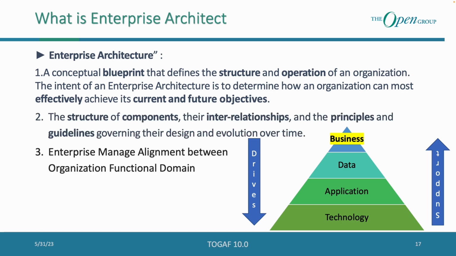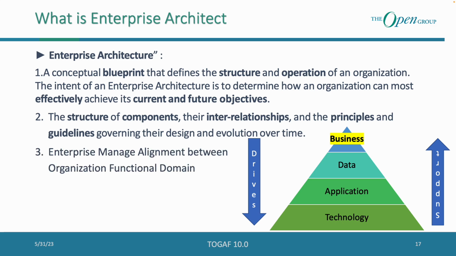A popular approach to enterprise architecture is business, data, application, technology, which is commonly known as BDAT. This framework categorizes the different components of the architecture into 4 domains: business, data, application, and technology. The business domain focuses on defining the organization's strategies, processes, and goals.